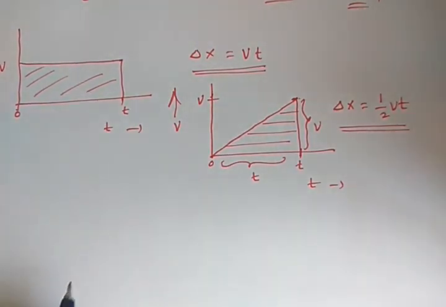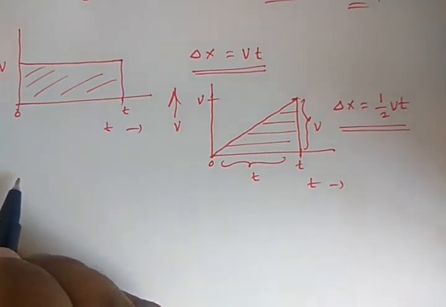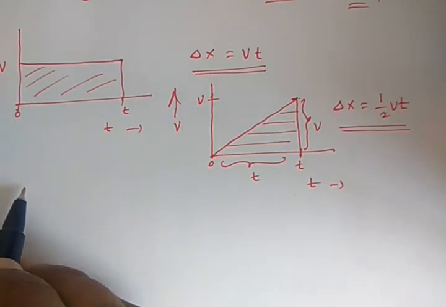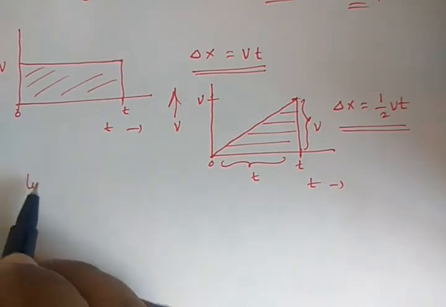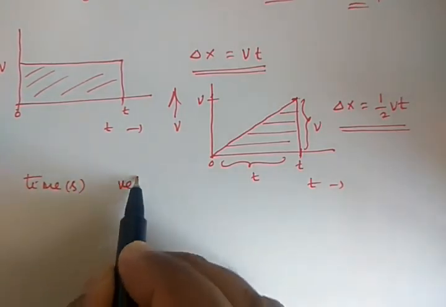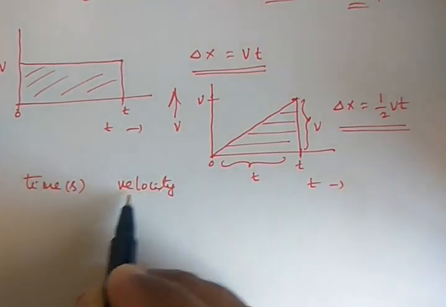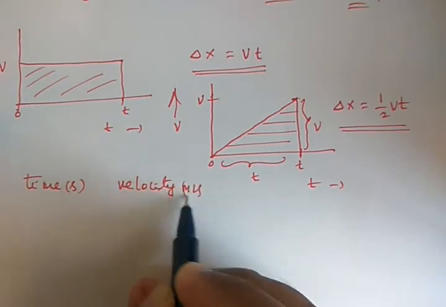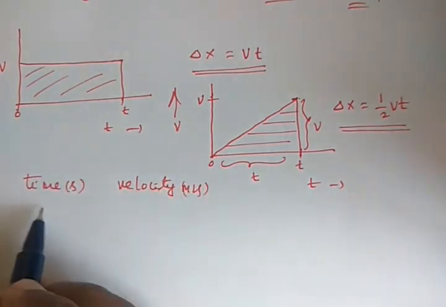So let us take data points for a point object. Now let's say this is time in seconds, and this is velocity in meters per second.